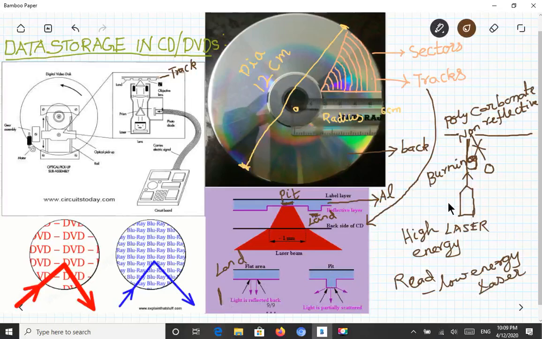Whereas wherever the CD track has been burnt, it becomes a non-reflective layer. When low energy light hits the surface, it will not get reflected back. Only a part of it will get reflected, so that this will be considered as 0.